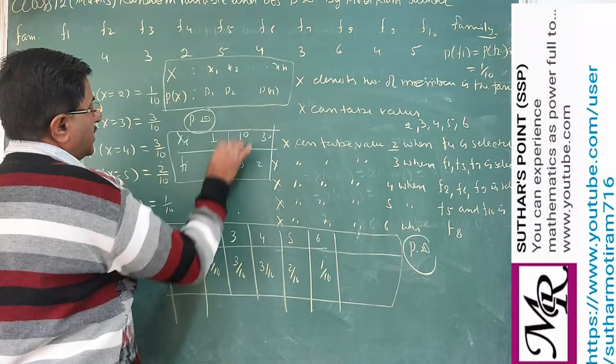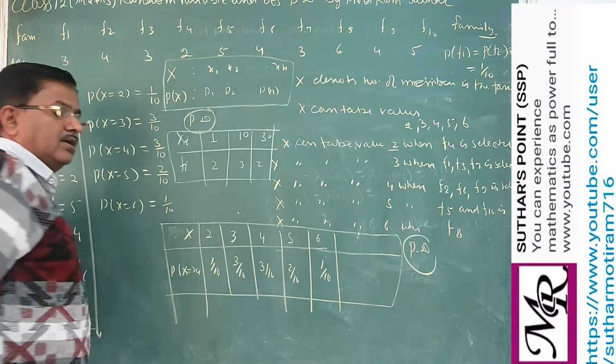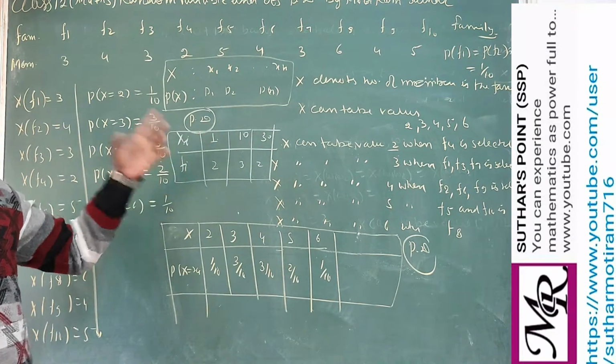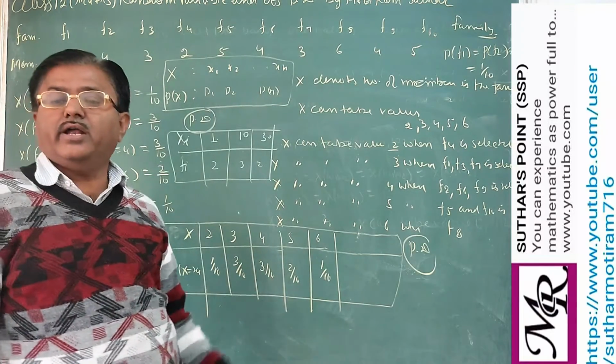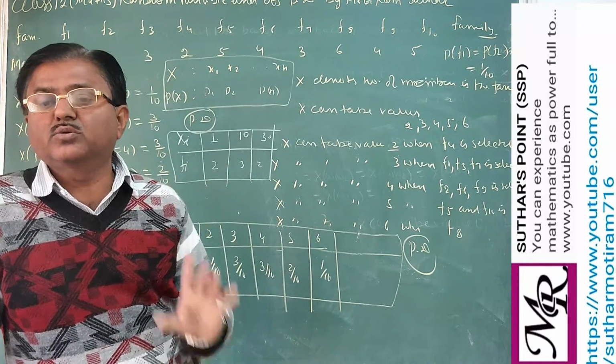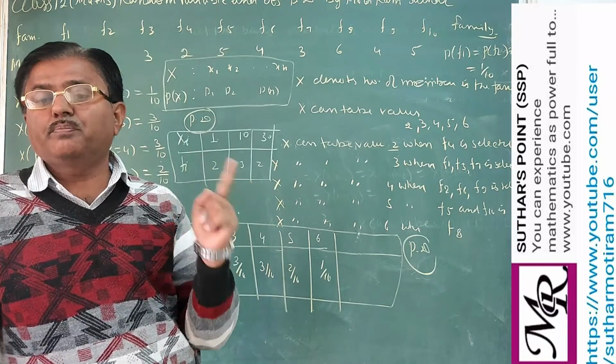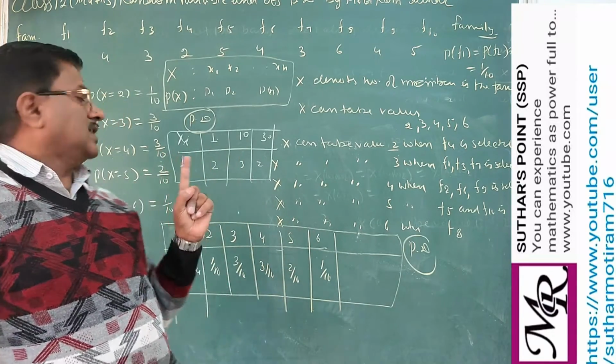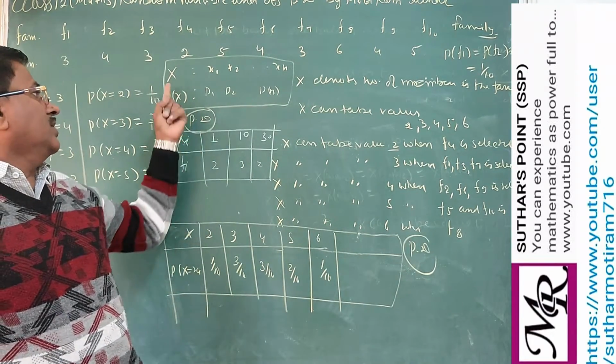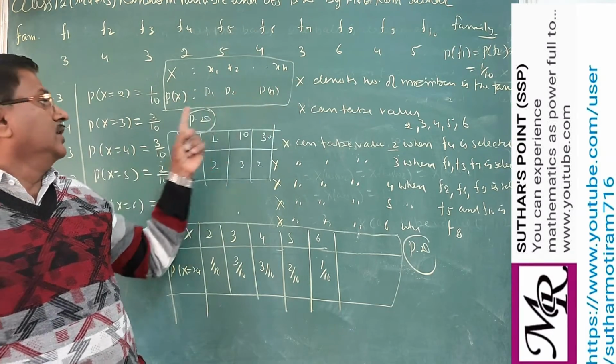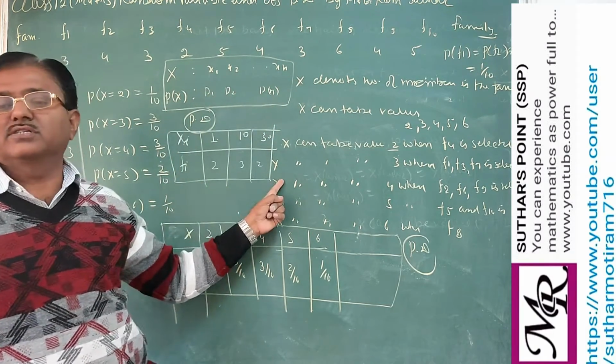In statistics, we see the data and corresponding frequency, so we call that a frequency distribution. Here we got the probability distribution. It is the same, because here we again use X; here it is probability, there it is frequency.